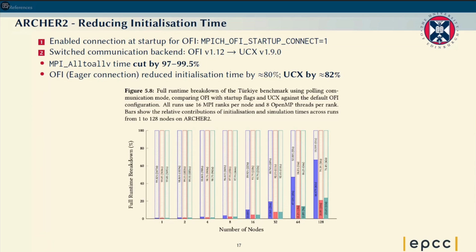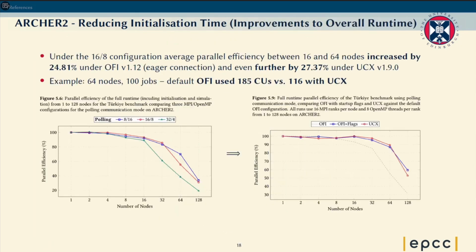I also investigated UCX, an alternative communication layer, to see whether it's just an OFI issue. I found that for both of them, I was able to reduce the collective time by about 97 to 99%, from about 15 seconds down to a few milliseconds. And UCX showed the most improvement in initialization time, by 82%.